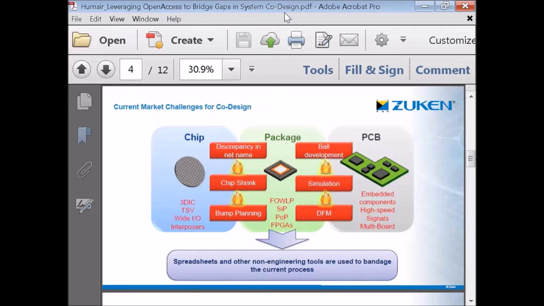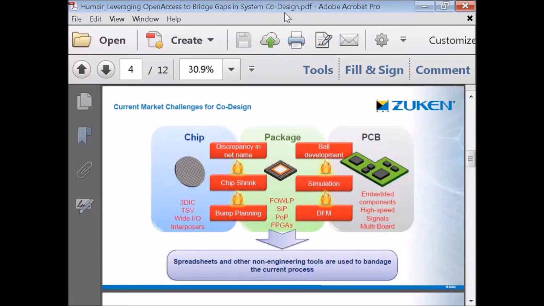It's very manual and error-prone, and we're using non-engineering methods to figure out how to drive DFM checking, or managing net names across systems, or doing proper ball development or bump planning for your systems. So these are some of the challenges that we're looking to address from a co-design perspective.